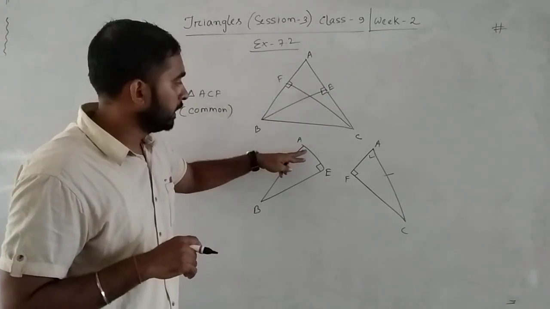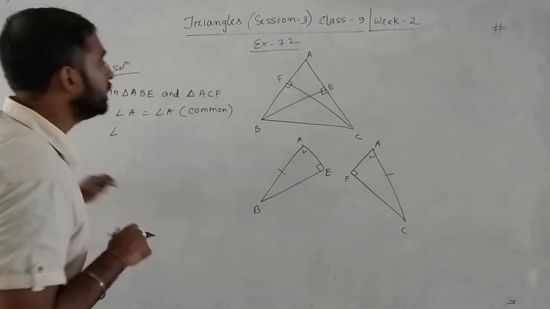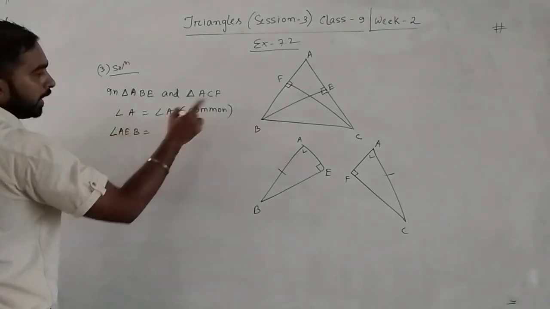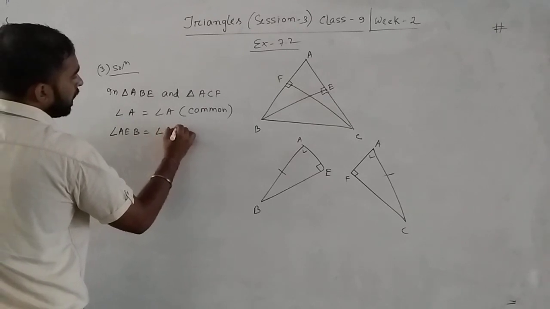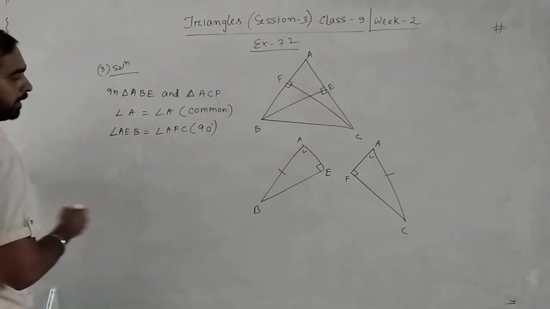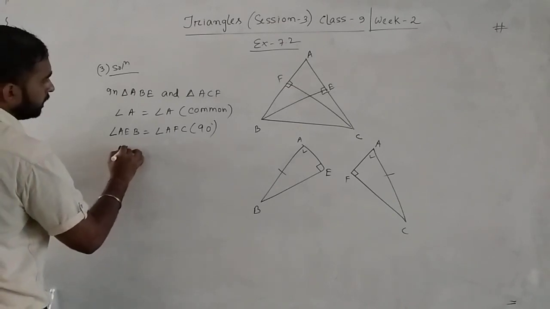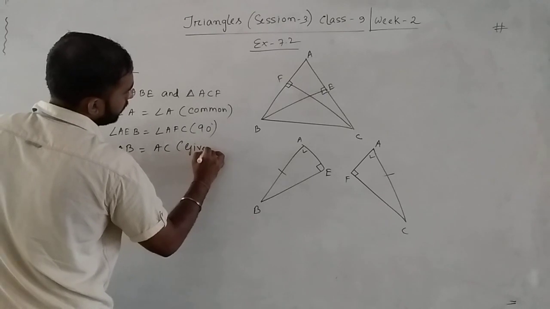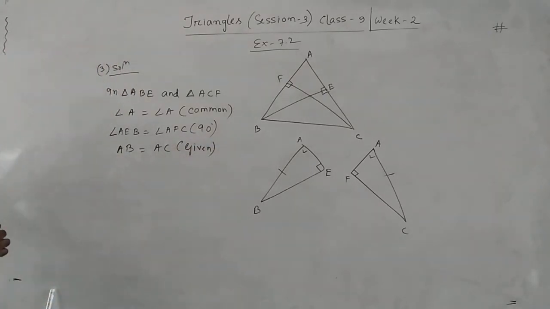So we have to mention the angle AEB and angle AFC. Both are 90 degrees. And then AB equal to AC, which is given in the question.